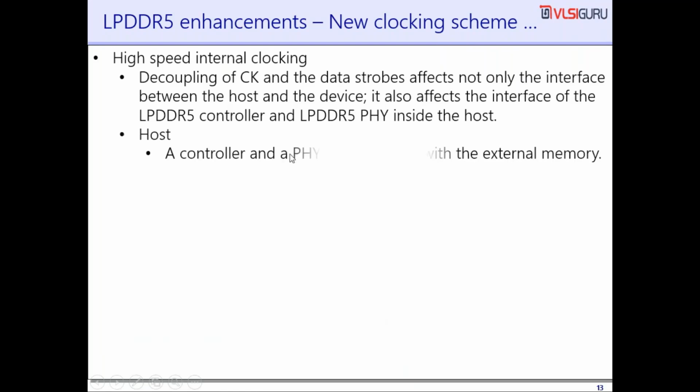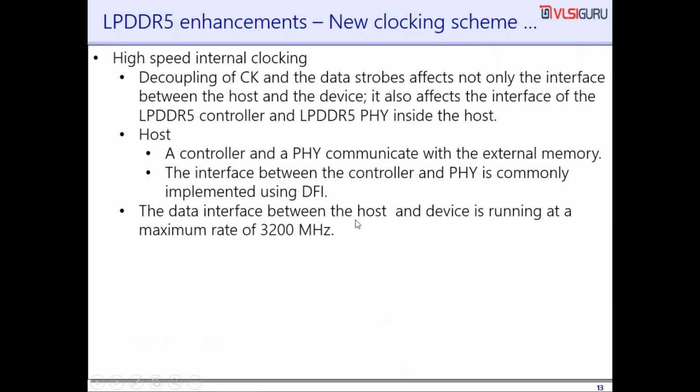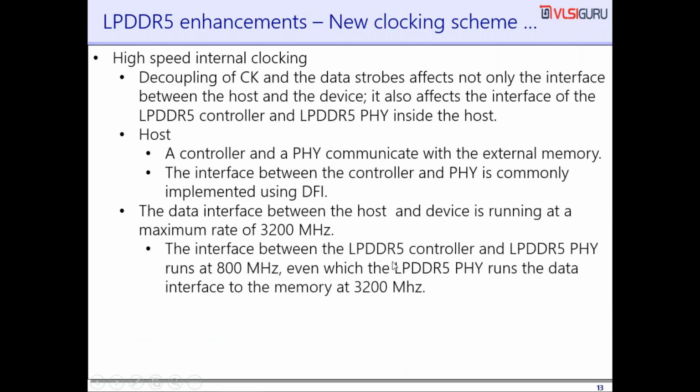On the host side, you have got both the controller and the PHY communicating with the external memory. The interface between controller and PHY is commonly implemented using DFI. So the data interface between the host and device is running at maximum rate of 3200 megahertz. The interface between controller and the PHY runs at 800 megahertz.